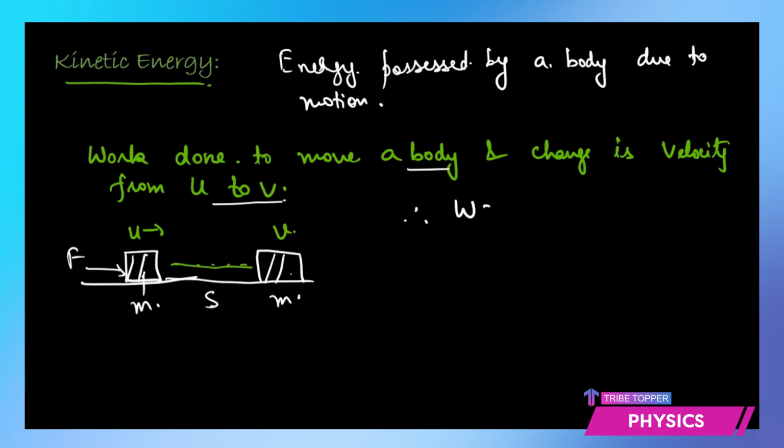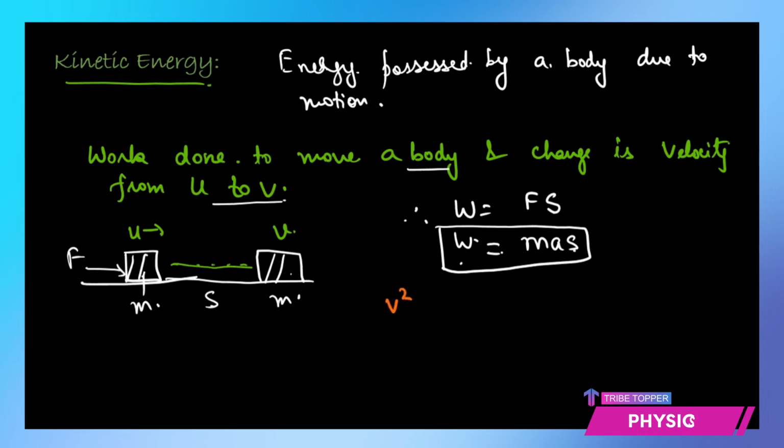Work done is force times distance, that is Fs, and force as per Newton's second law is mass times acceleration, so work done is m a s. Now I have the equation for work as mas, but this is not the expression for kinetic energy. Using the SUVAT equations, if you remember, v squared minus u squared is 2as. Therefore as is equal to (v squared minus u squared) upon 2.